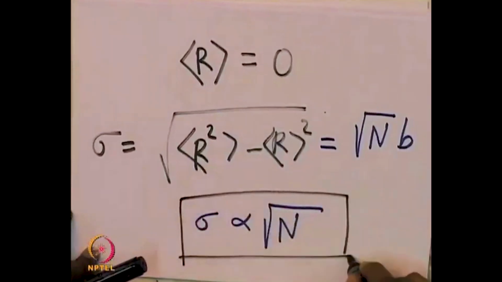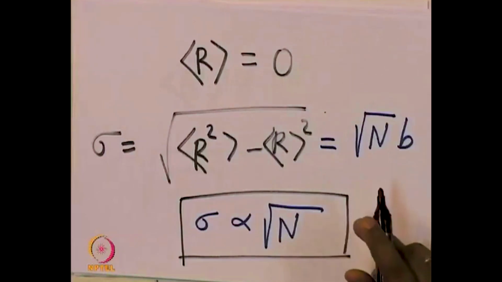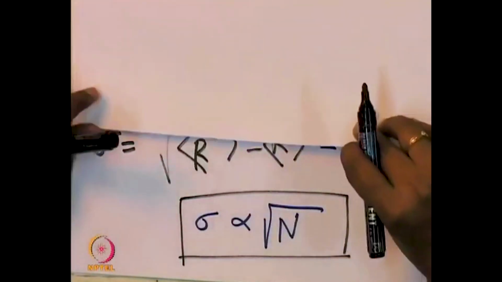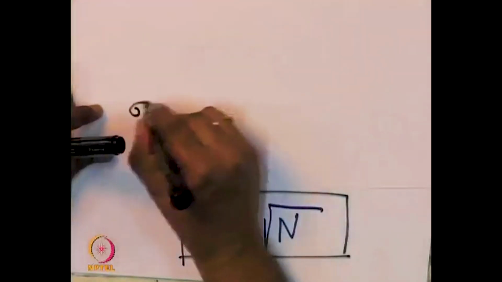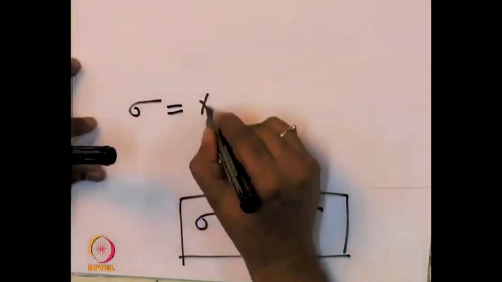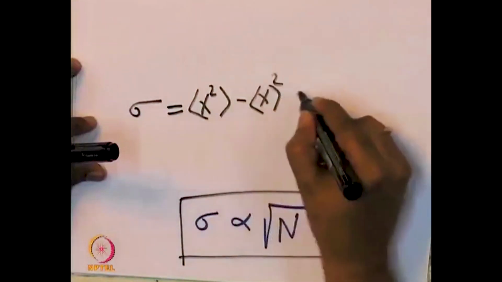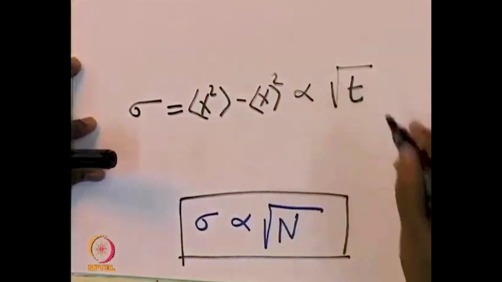This is a very interesting finding, and it has some consequences. We had learned in the case of diffusion previously that if you calculate sigma for diffusion, which we defined as x square average minus x average square, we get that it is proportional to square root of time.